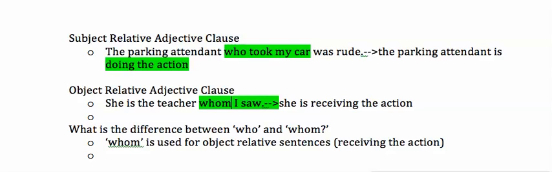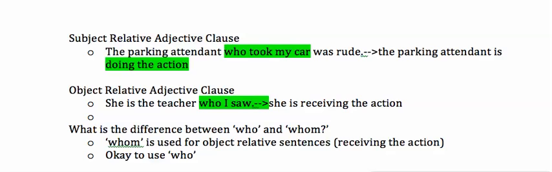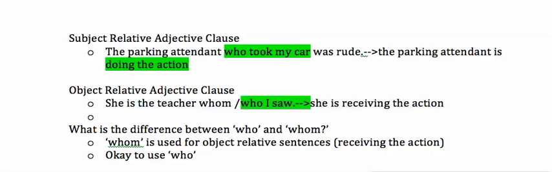So can I say, for this example here, she is the teacher whom I saw. Can I say, she is the teacher who I saw? Can I say that? And the answer is, it is okay to use who. Okay, so for this case, we can use either whom or who.